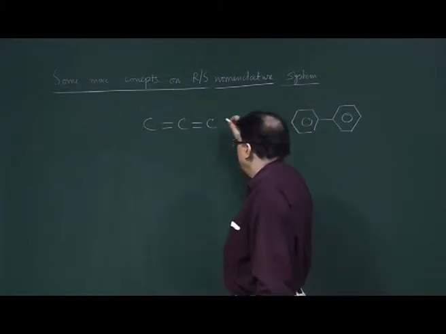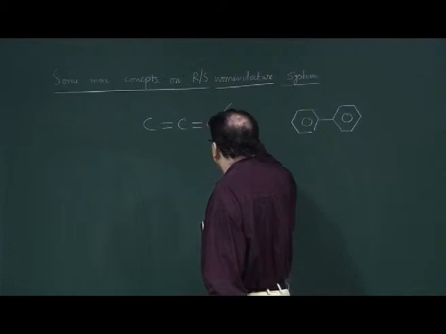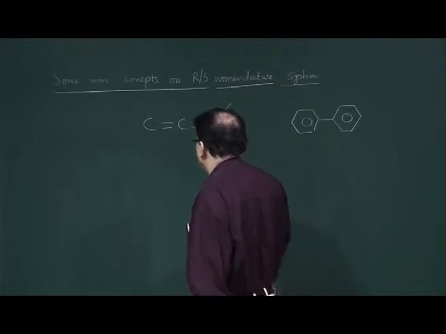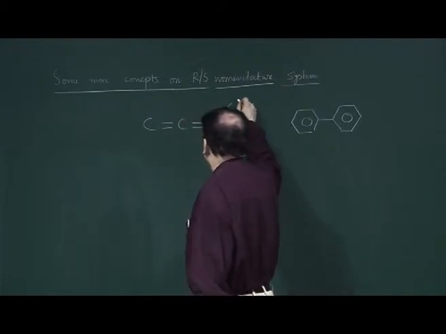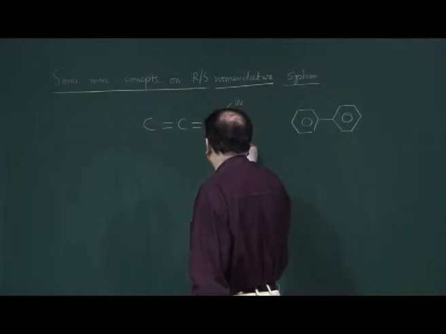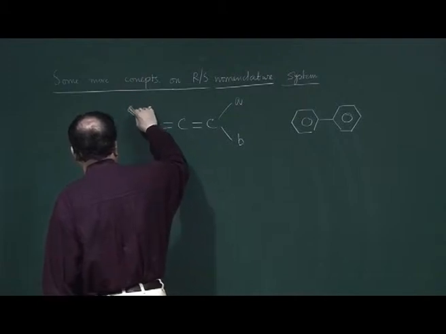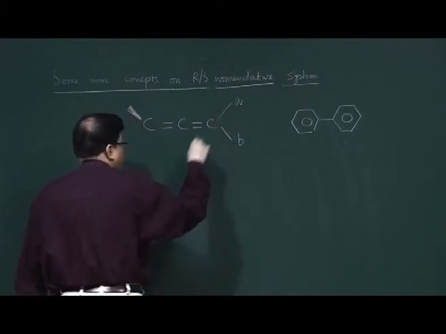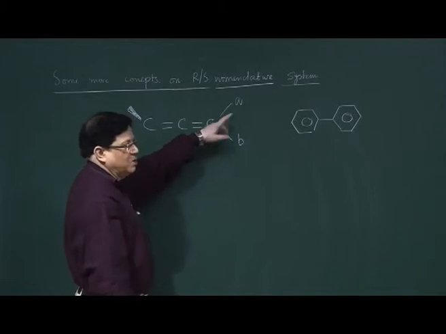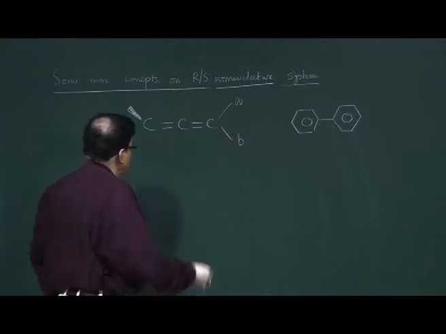Okay. Now, in allene you have the terminal carbons, you have 2 groups, and suppose this is group A and group B, and interestingly the other 2 bonds are written as normal lines. So, that means they are lying in the plane of the board.